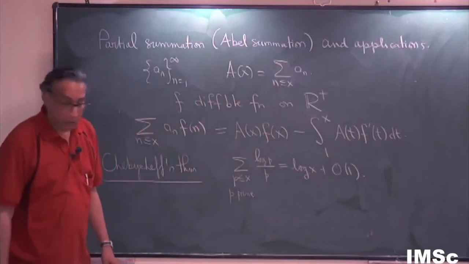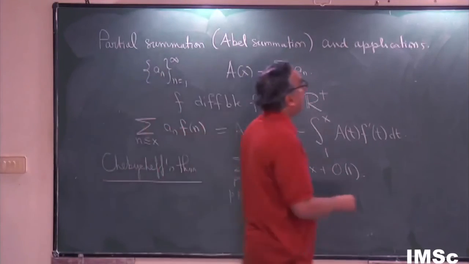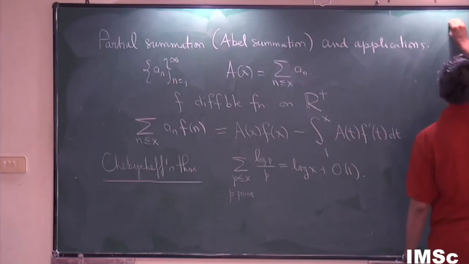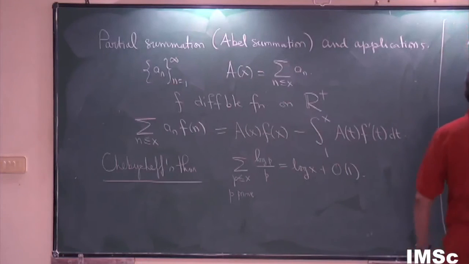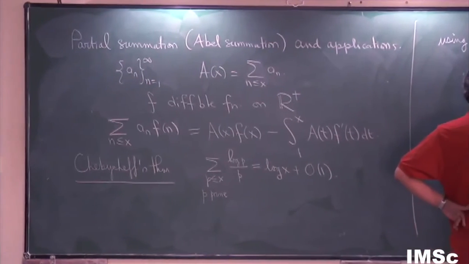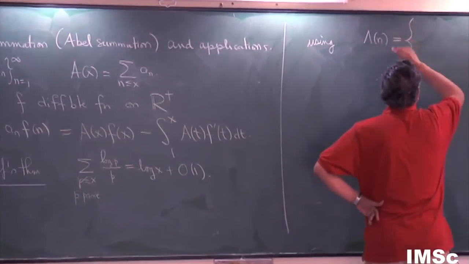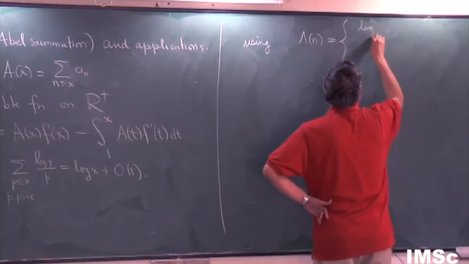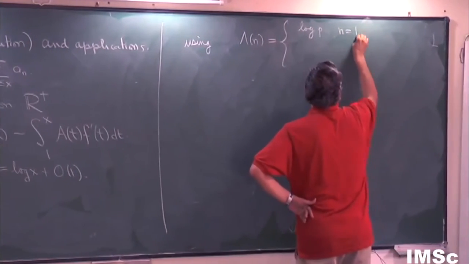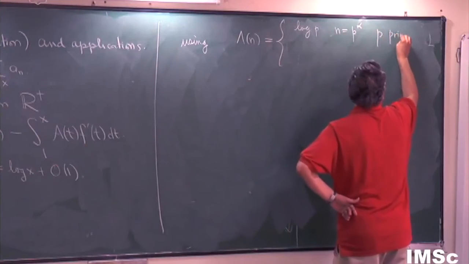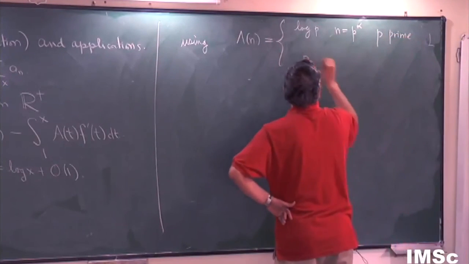We proved that using the von Mangoldt function, if you remember, lambda of n, defined as log p if n is a prime power and 0 otherwise.